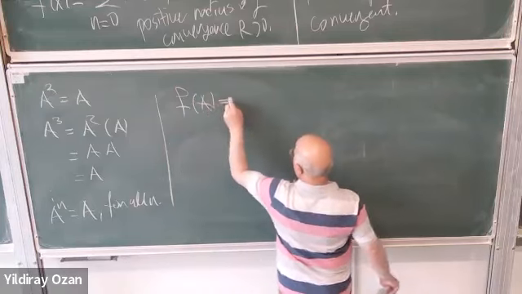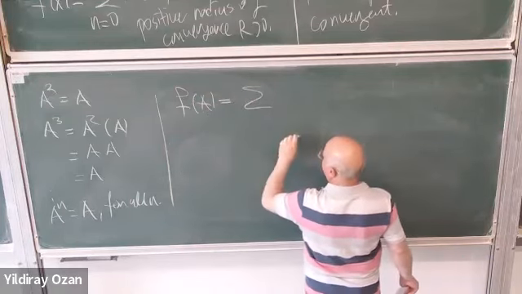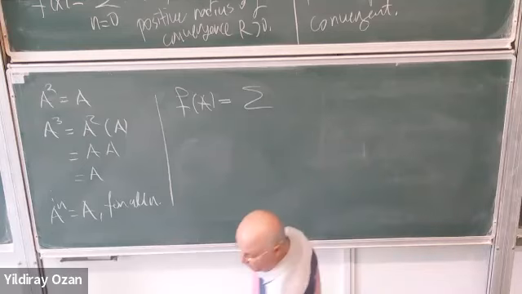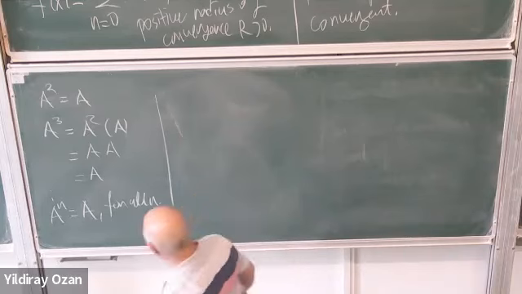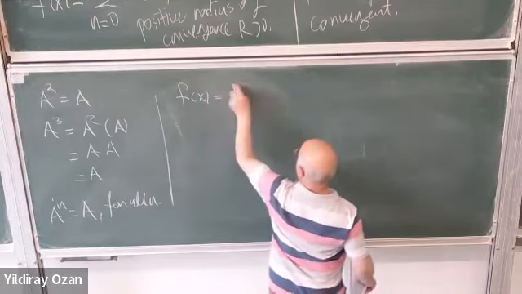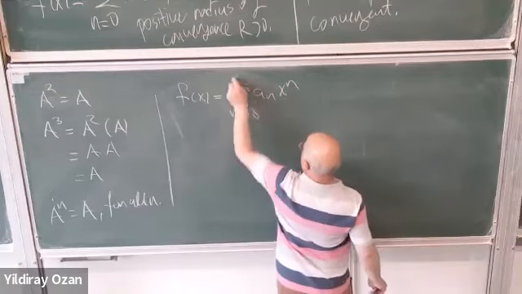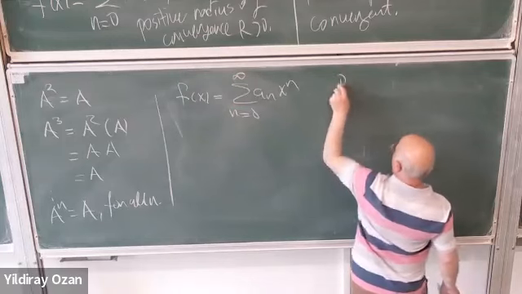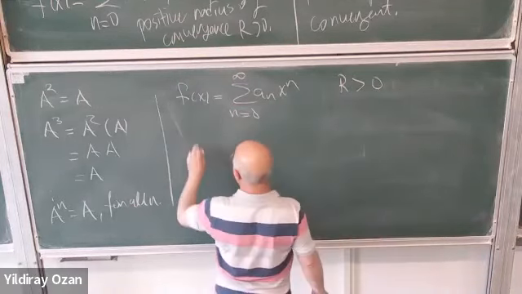According to our definition, suppose f of x is a function given by a power series, and R is the radius of convergence, which is a positive number.